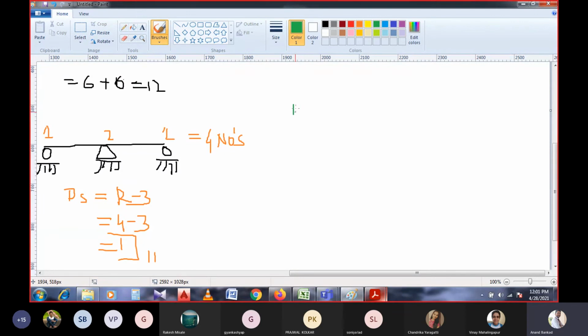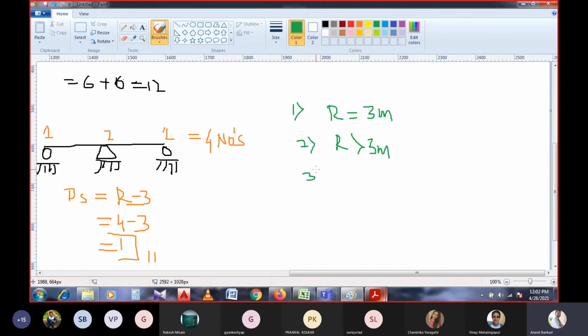For the first condition, the total number of reactions is equal to 3 times the number of members, that is 3m, right? Another condition is that the reactions are greater than 3 times the number of members.